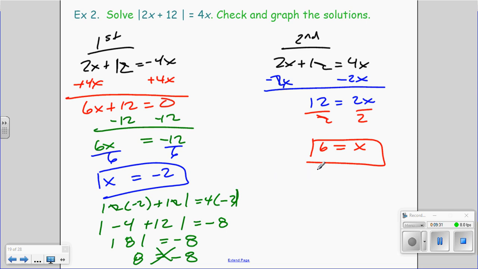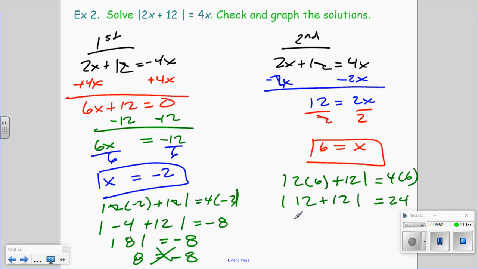Let's try positive 6. So that's the absolute value of 2 times 6 plus 12 equals 4 times 6. 2 times 6 is 12. 4 times 6 is 24. And then 12 plus 12 is 24.